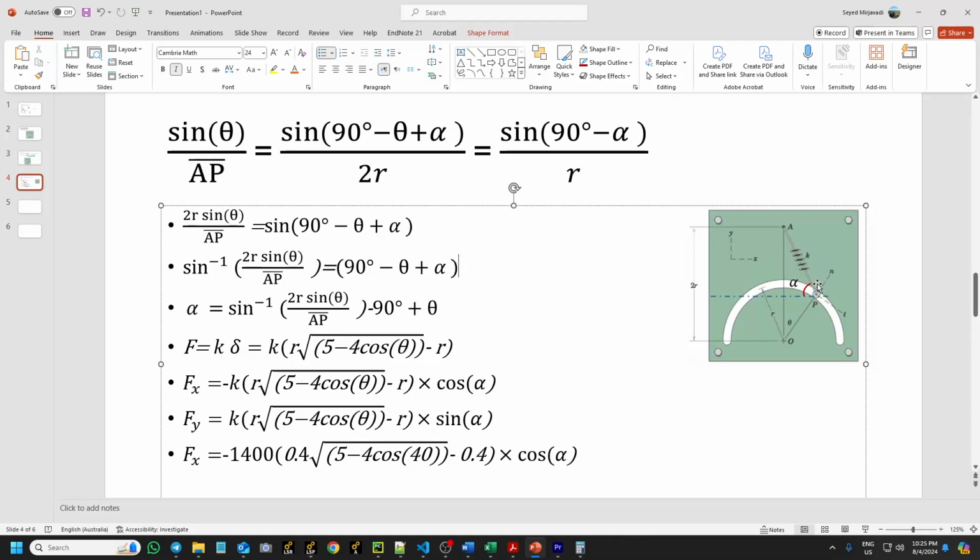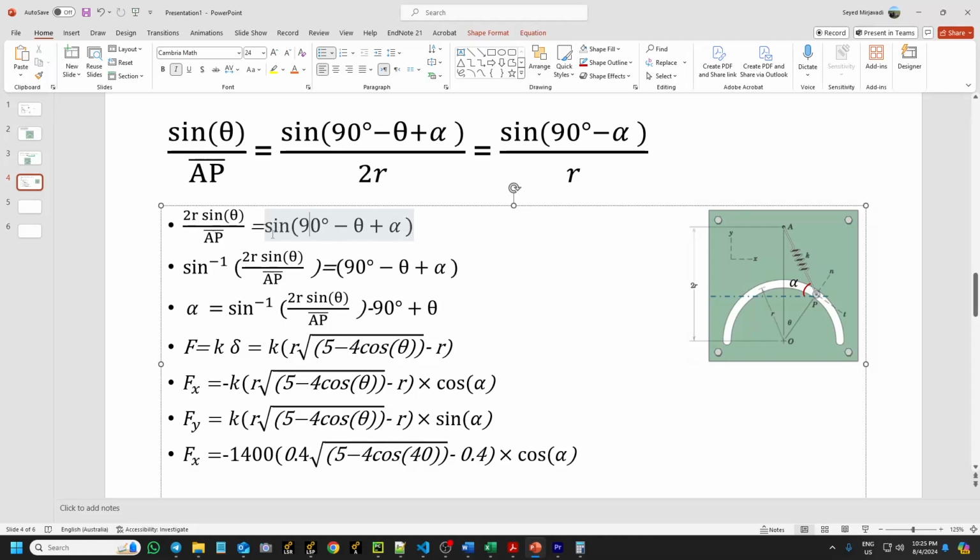In front of this angle, we will have 2r. This one is r, OP bar is r, AO is 2r, the length, and this one we have already obtained in the previous section, AP bar I mean. So we will put them in the formula, and we will use sine inverse from both sides.